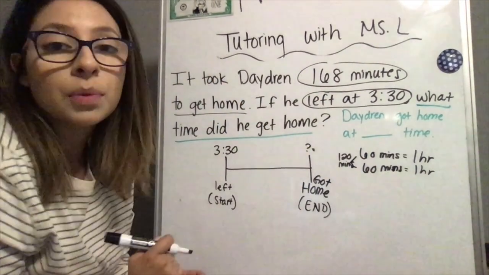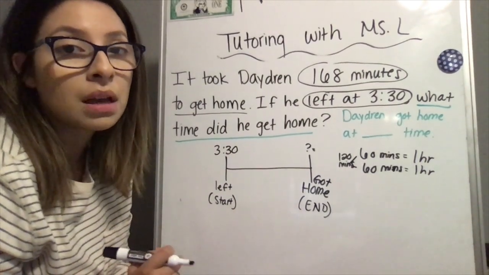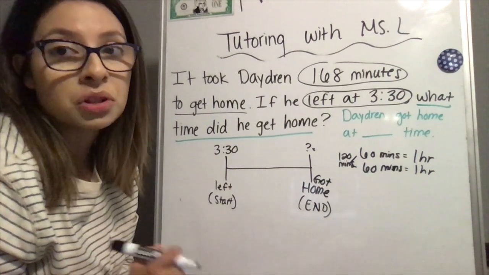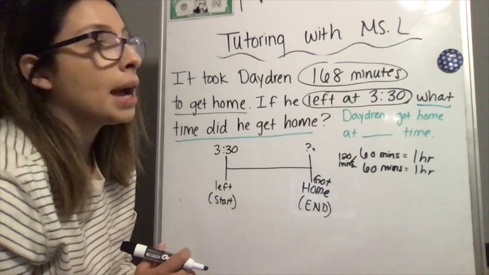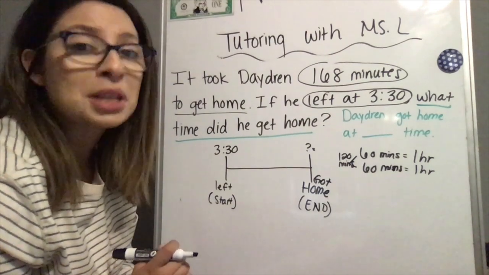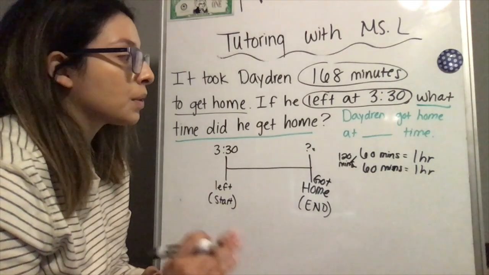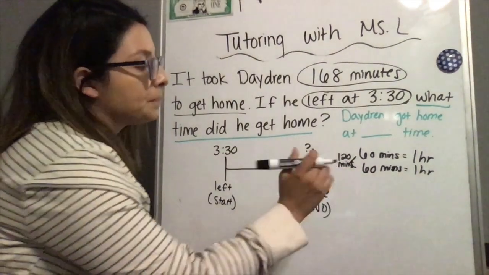We're getting a little close to 168, so I'm going to try to think about if I add 60 more to 120, I would get 180, which is already way too much. Sorry, did I say 180? Miss LaFuente's losing it. So I'm not going to go that far and add another 60. But here's what I'm going to do. I have 120.